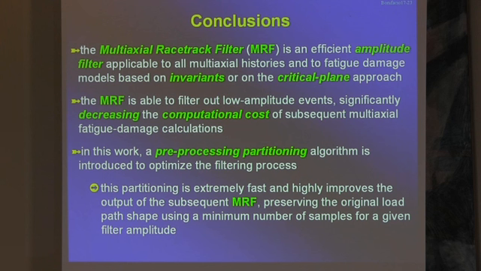This filtering is able to filter all low amplitude events due to noise or to non-damage events, significantly decreasing the computational cost of the subsequent multiaxial fatigue damage calculations. Moreover, it does so without losing the order information. That's the most important feature in fatigue damage calculations.